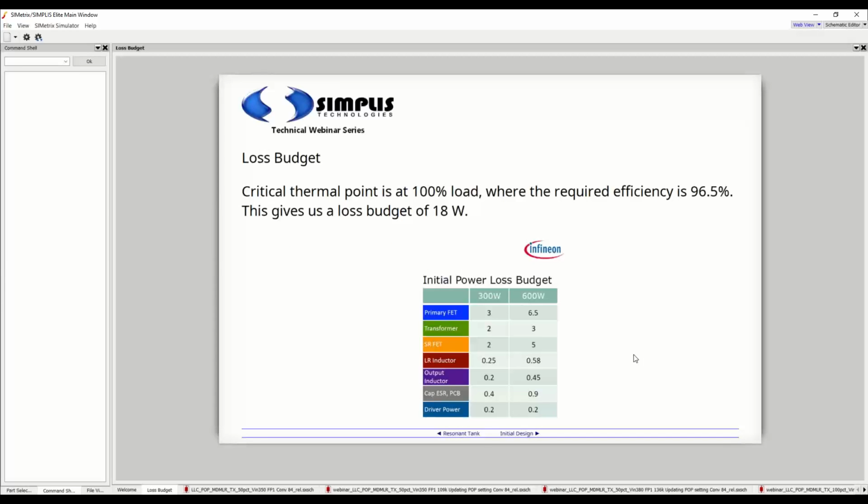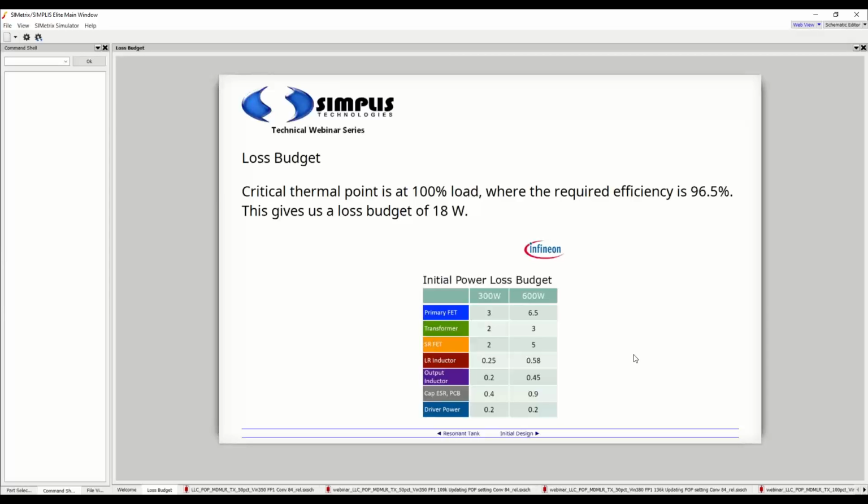One way to start, and especially an experienced engineer who kind of knows what to expect approximately might start, is to do a loss budget. So even though our peak efficiency is at 50% load, our critical thermal point is at 100% load, because that's where our currents are highest. And there, the required efficiency is 96.5%.